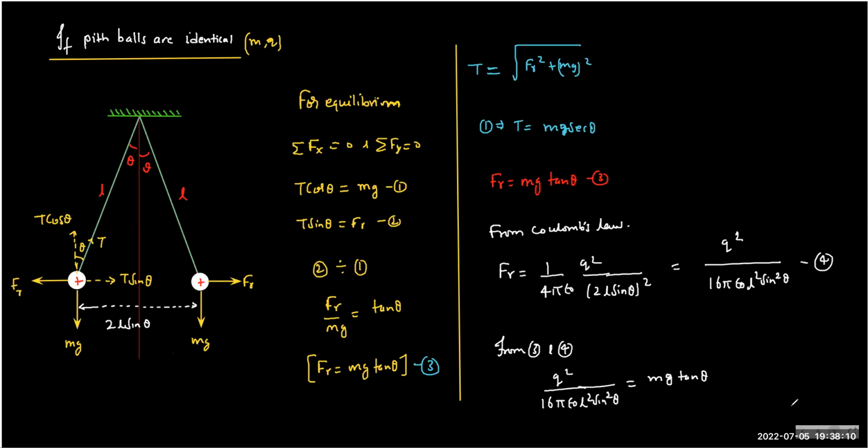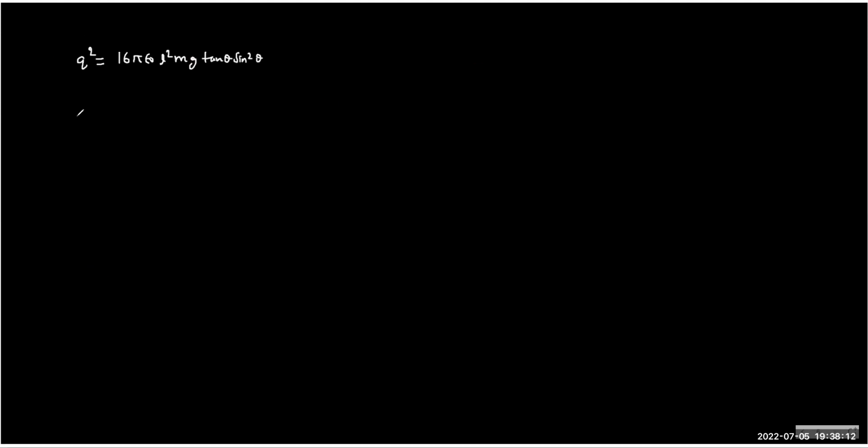Yeah, correct. So we got something called q square equals 16 pi epsilon naught mg L square tan theta into sin square theta. Okay.